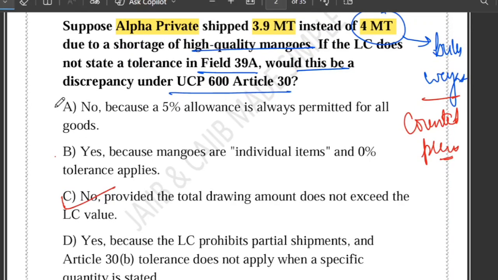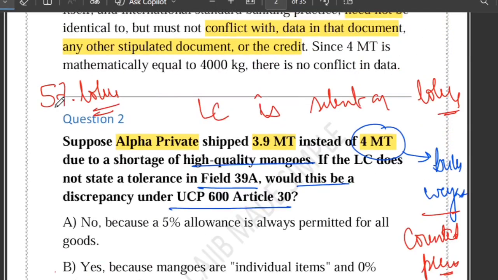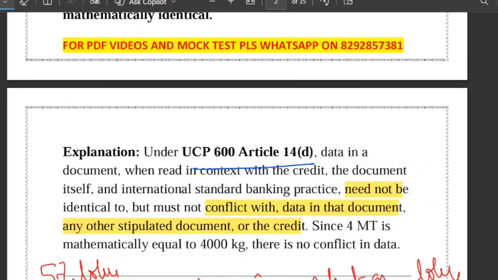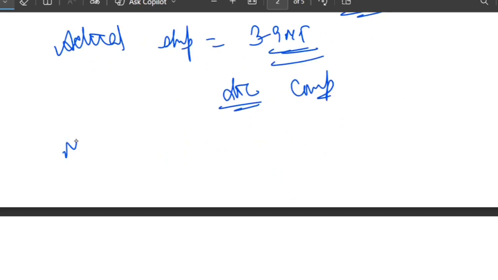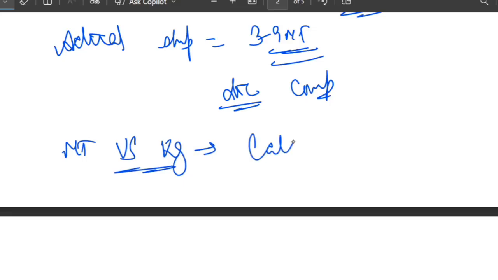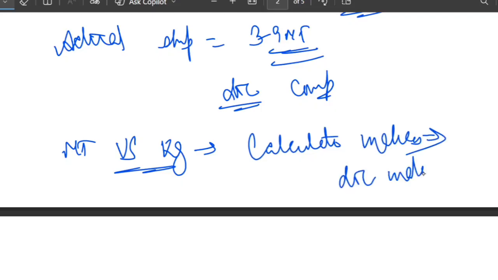The first question was the MT versus KG rule, right? So what we get to know is whether MT and KG both can be taken. The MT versus KG rule says that if the math matches, that means if the calculation matches, then the document will automatically match.